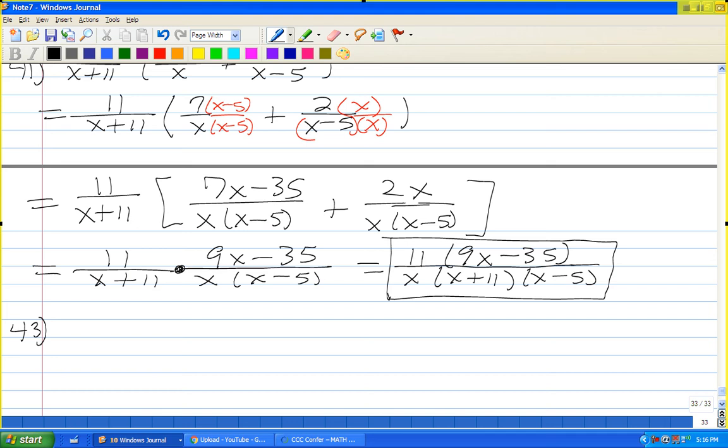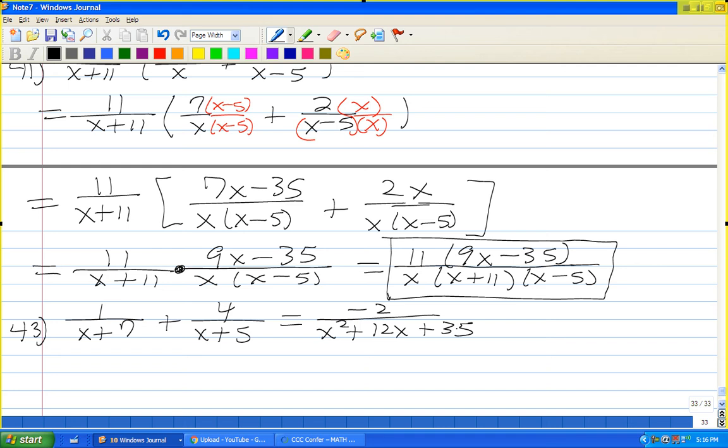So problem 43. 1 over x plus 7 plus 4 over x plus 5 equals negative 2 over x squared plus 12x plus 35.